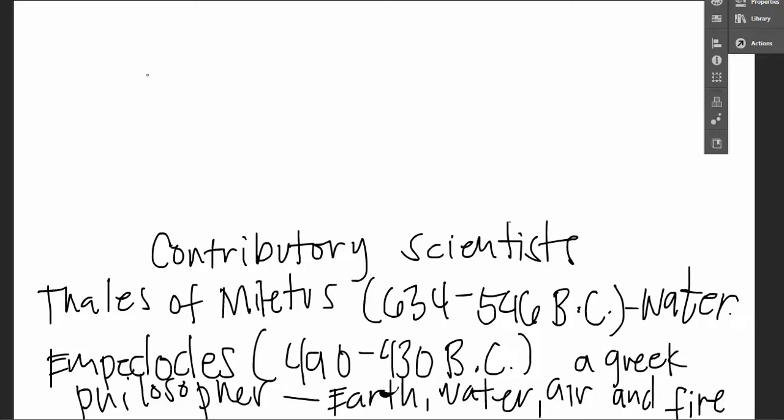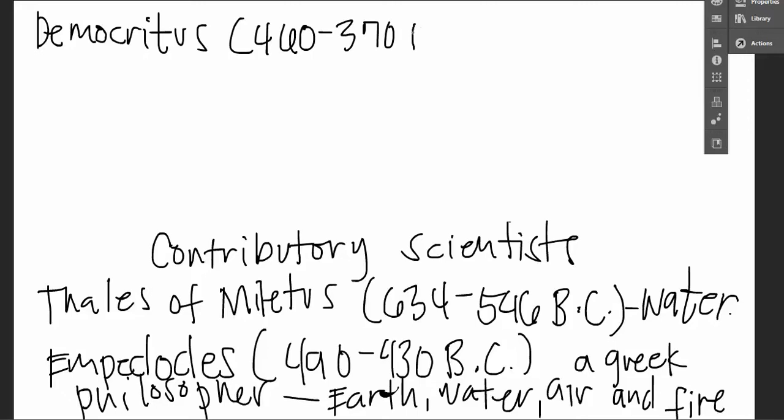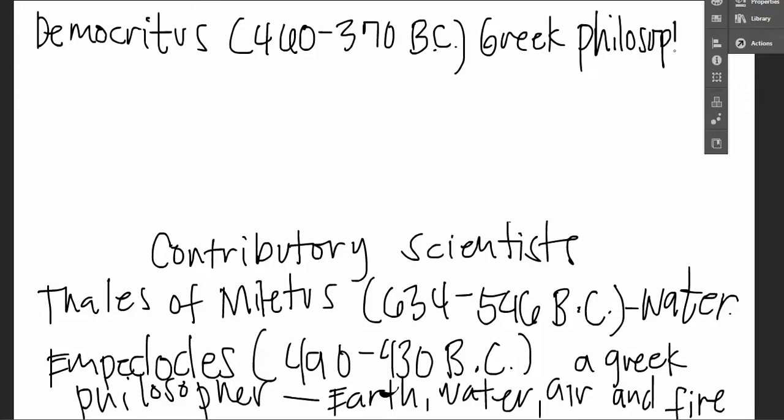Democritus, 460 to 370 BC, another Greek philosopher, developed a theory of atoms.